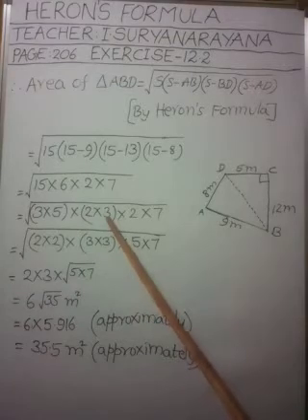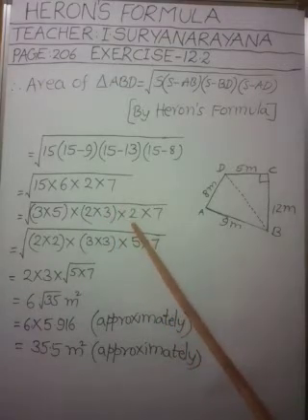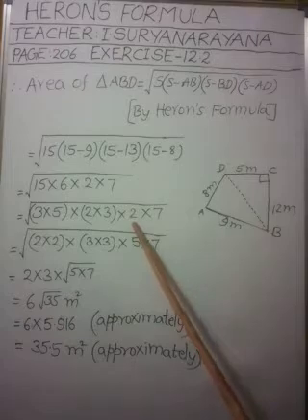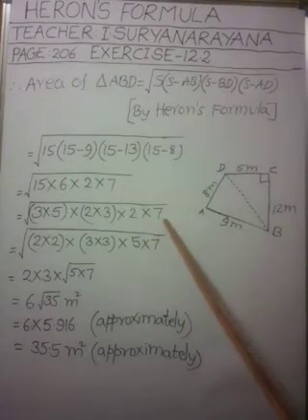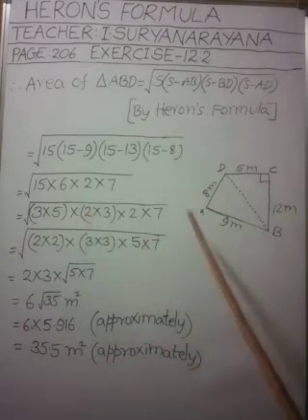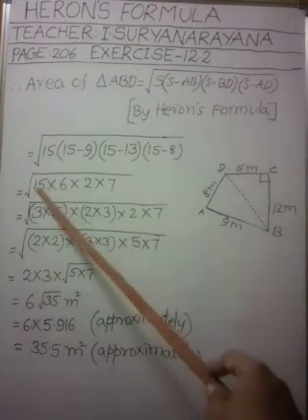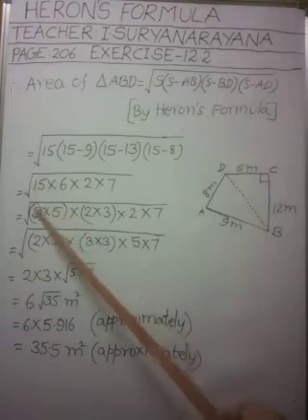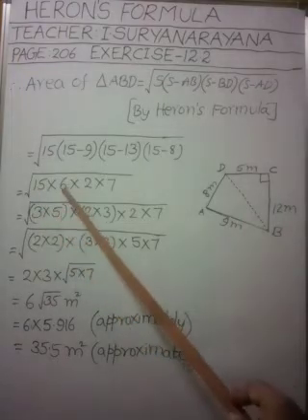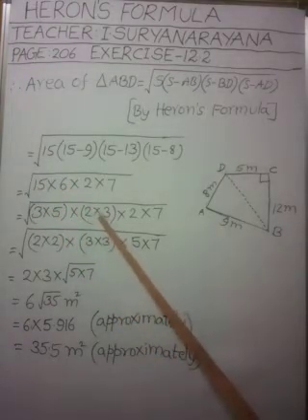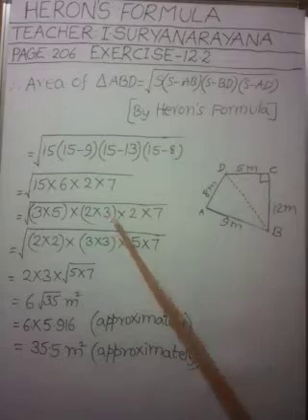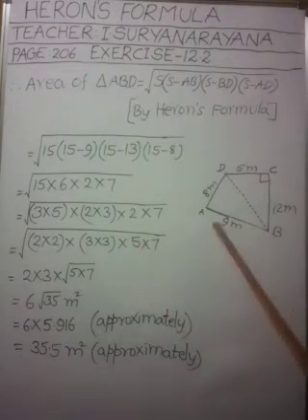Understood this part, my dear children? Into 2 is a prime number. We write that number as it is, and 7 is also a prime number. We write that number also as it is. Understood this step, my dear children? In this step, we wrote this composite number as a product of prime numbers. Similarly, we wrote 6 as a product of prime numbers. Okay, my children? Understood this step?